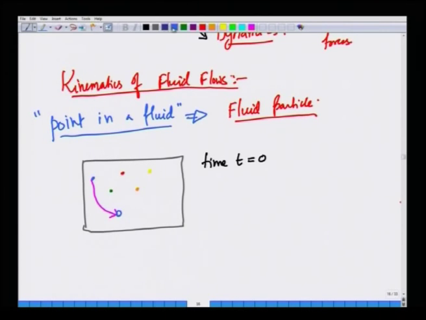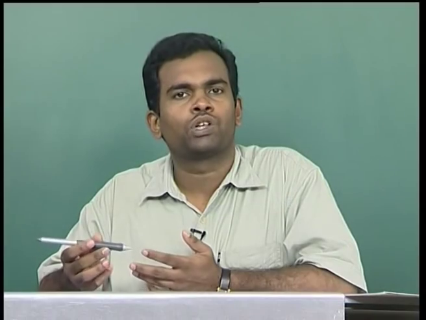So, time t equal to 0 is closed or filled circles, and at a later time t it is open circles. That is how I am going to indicate the motion of various points in the fluid.